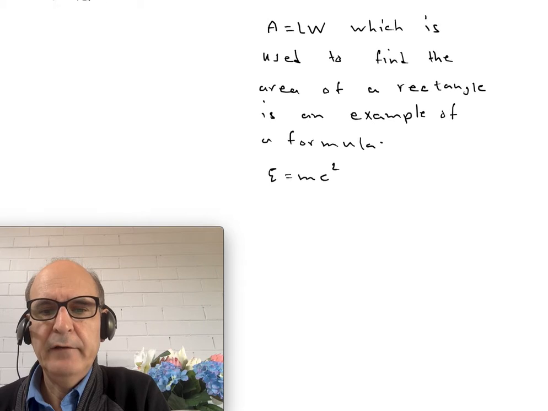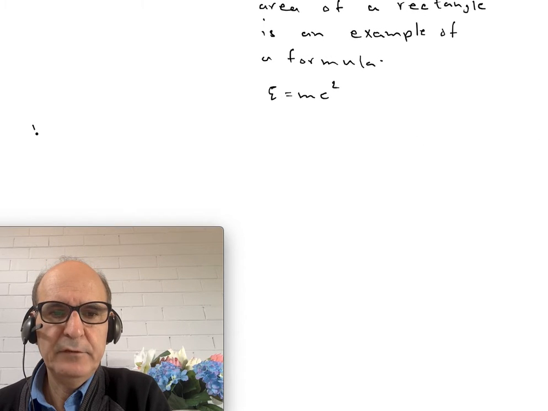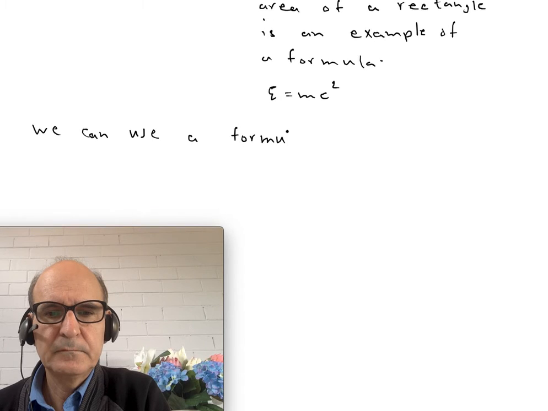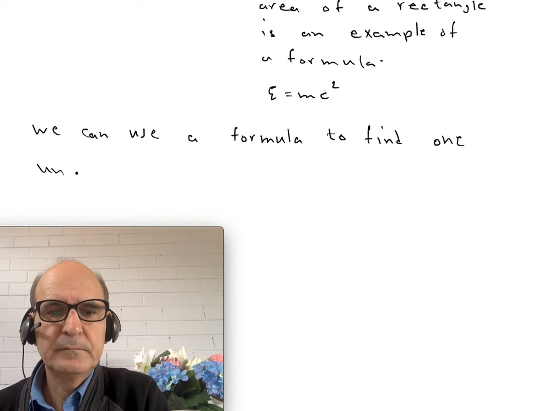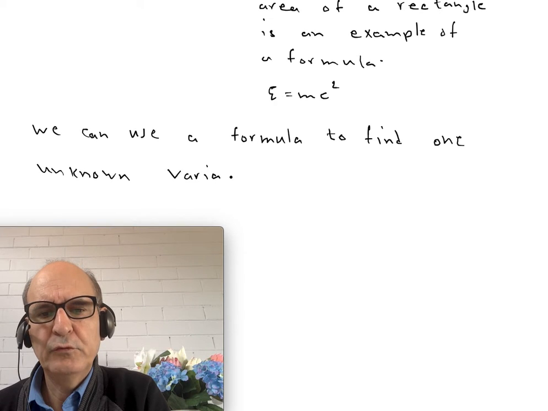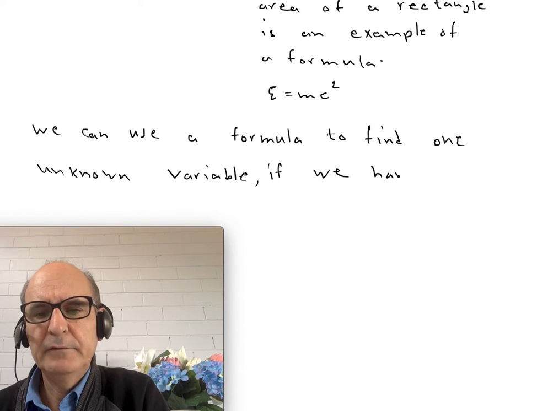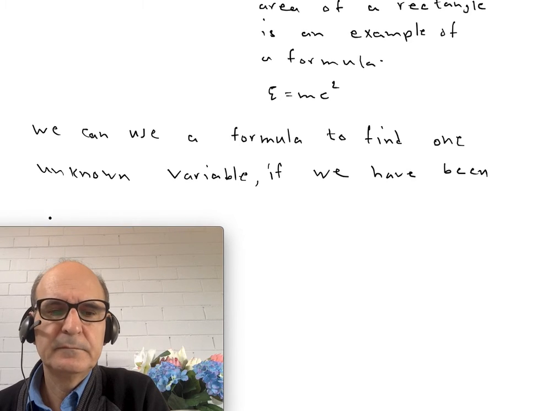So we can use a formula to find one unknown variable if we have been given the other values.